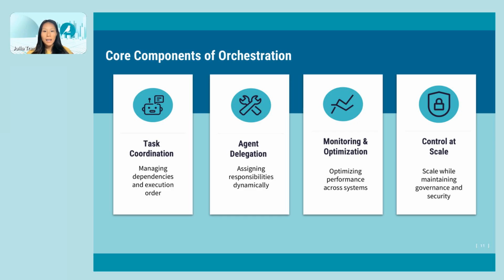Monitoring and optimizing. As agents work, orchestration tracks their performance and adapts on the fly, pausing, rerouting, or adjusting when needed to keep things running smoothly and efficiently, and control at scale. So, orchestration lets IT enforce policies, manage access, and maintain trust and traceability as the number of agents grows.